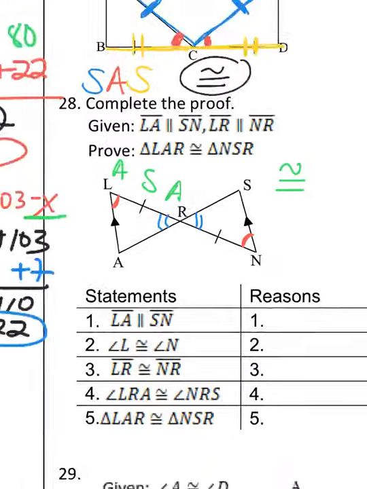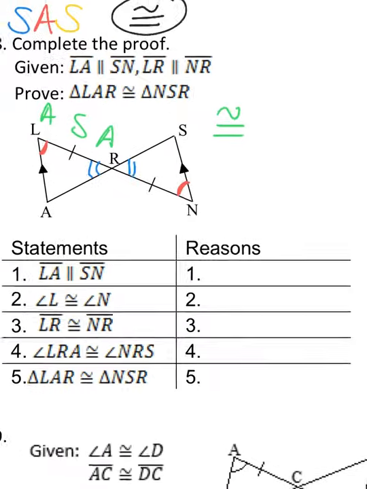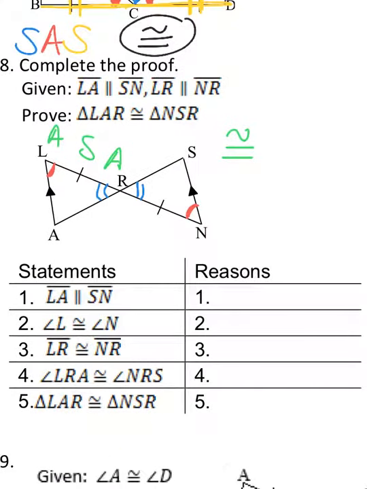So now we have to just state our reasons. We know that LA is parallel to SN because it was given information. We didn't have to think that through. Angle L is congruent to angle N because the lines were parallel and because they are alternate interior angles.